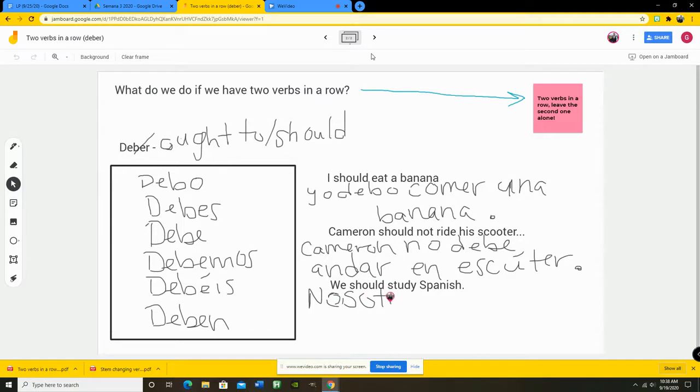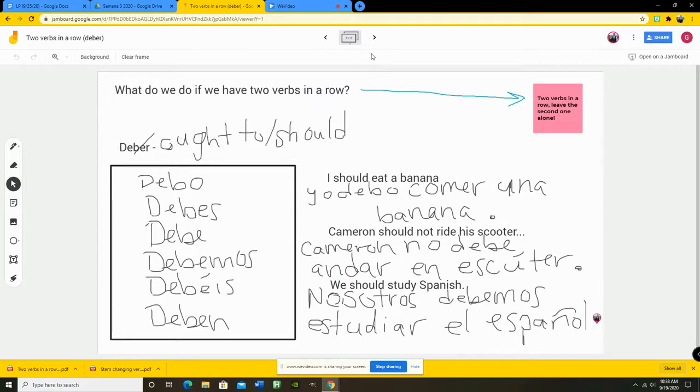Nosotros debemos, right? Debemos, right here, it's our nosotros form. Debemos study. We leave the second verb alone. Estudiar el español. Period at the end.